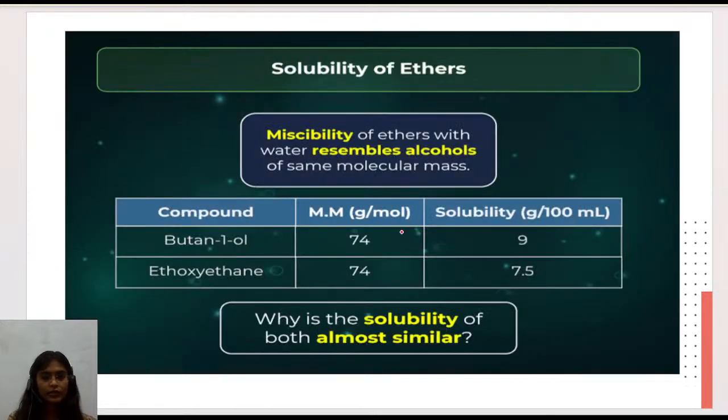Look at this: butan-1-ol, which is an alcohol, or ethoxyethane. Same number of carbons, 4 carbons, and one oxygen, so the mass is not the issue, 74 and 74. Which kind of isomerism is this? Functional isomerism. Look at this, 9 and 7.5. So it's almost similar. What is written here: the solubility of both is almost similar. So the answer is hydrogen bonding.